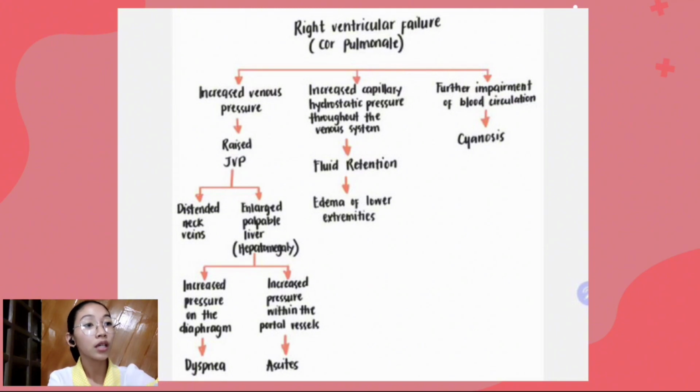So as the pressure increases in the veins, it pushes fluid into surrounding tissues, and those cause pedal edema, or edema of the lower extremities. And lastly, cor pulmonale leads to further impairment of blood circulation, and less and less oxygenated blood is circulated throughout the body, especially the peripheries, leading to cyanosis.